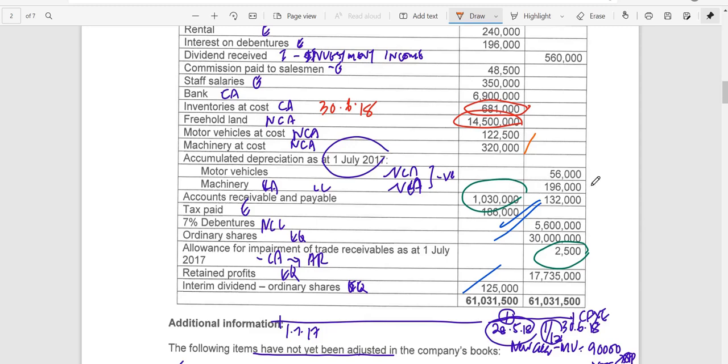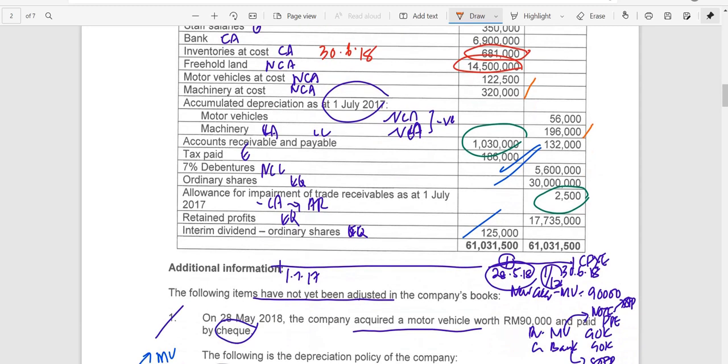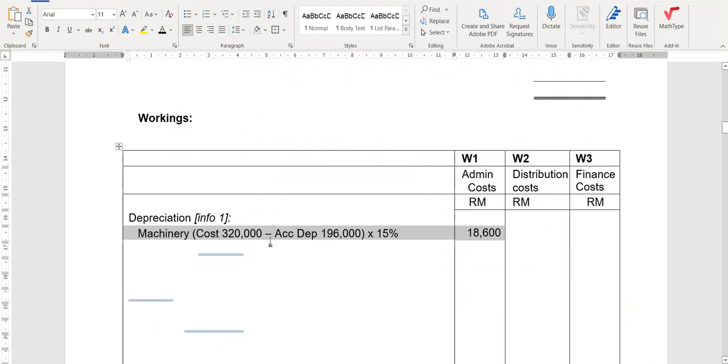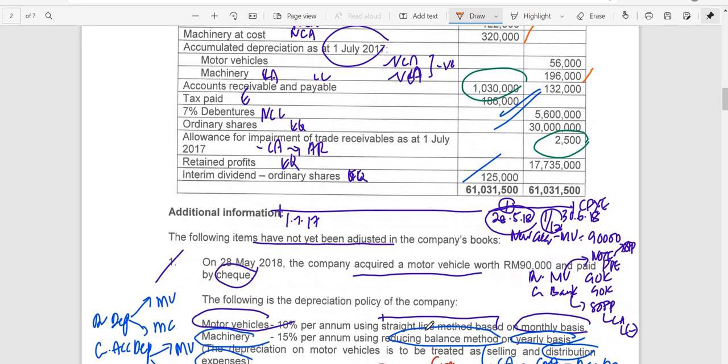And you have the accumulated depreciation 196. Therefore, that was deducted because this is reducing balance method. So we have to take the carrying amount times 50%. And remember, this one was actually on a yearly basis. Recall what you have read here.